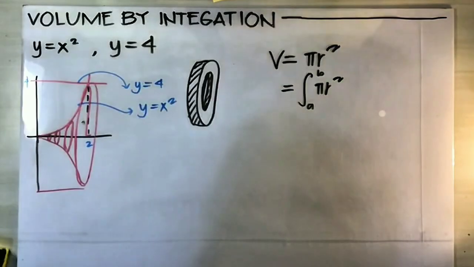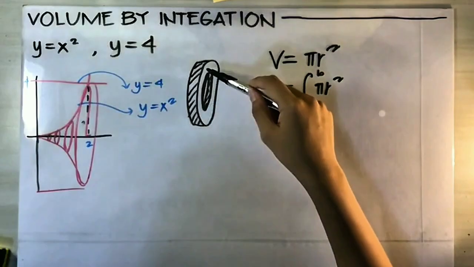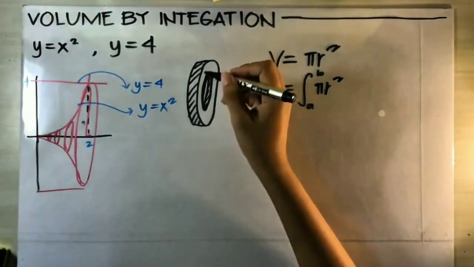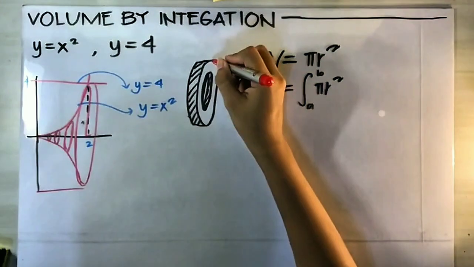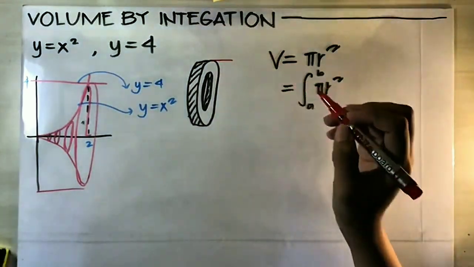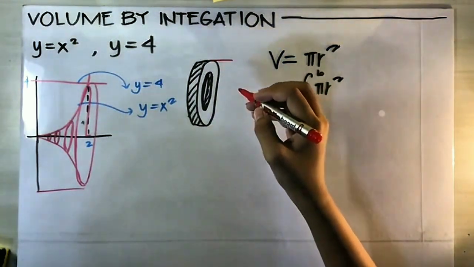So since our plane region has a hole, we calculate the volume of the outer part. The outer part, this one, from the center.